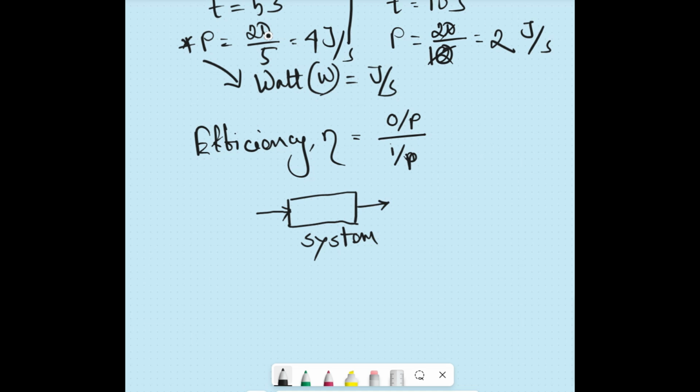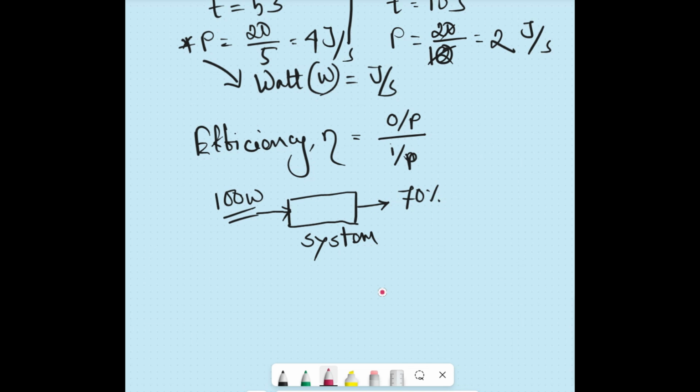Let's give an example. I'm giving 100 watts as input, but I'm getting 70% output. To put it another way, say I'm recording this video for my students and I'm giving lots of labor and lots of consistency, but the views are very few.